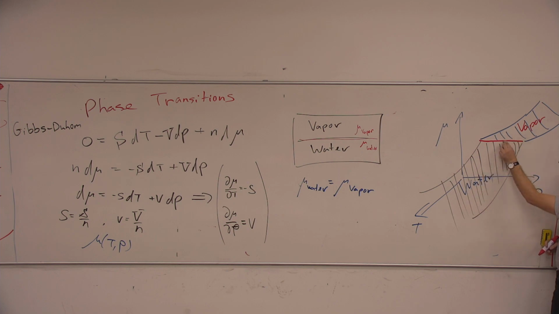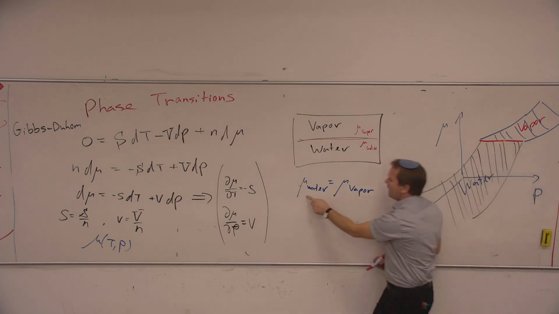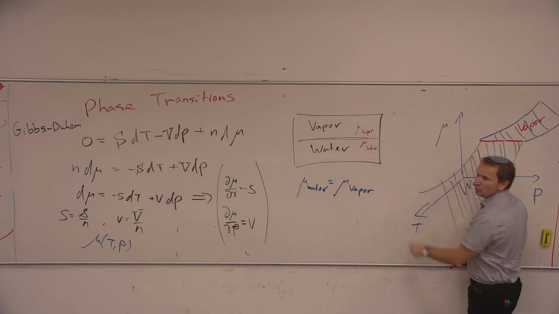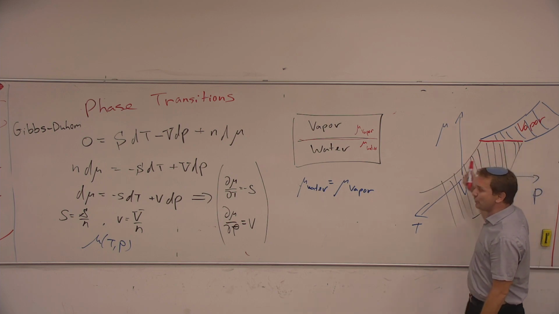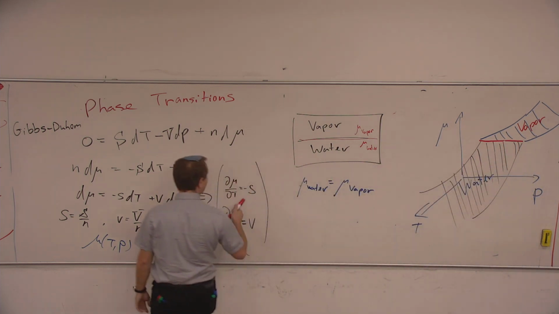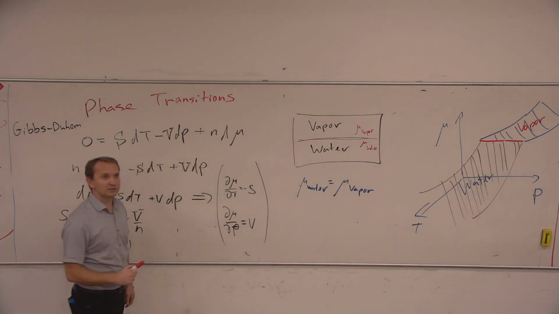Because the system is in equilibrium and I'm treating only equilibrium, when I'm located over here, mu of water has to be mu of vapor. This is correct, but my stability equations haven't told me anything about the behavior of mu with these intensive parameters.